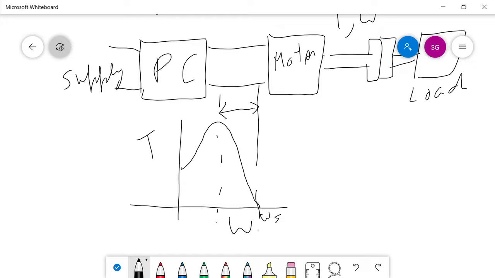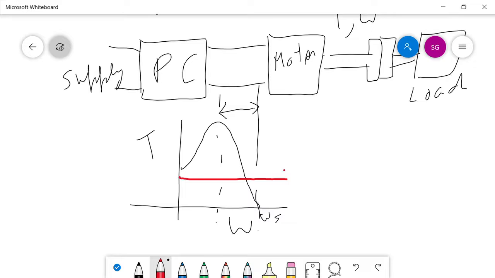Now I want to run a load using this motor. So I have to see what the load characteristic is, how the torque of the load changes as per its speed. So let us say that the torque of the load does not change with its rotation speed. So here it is.